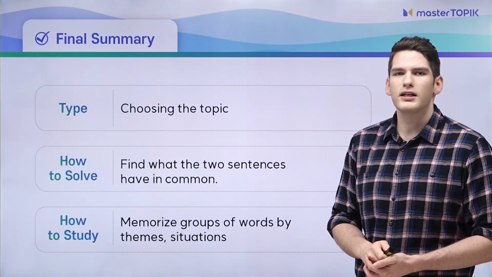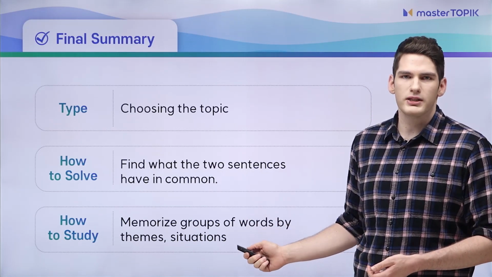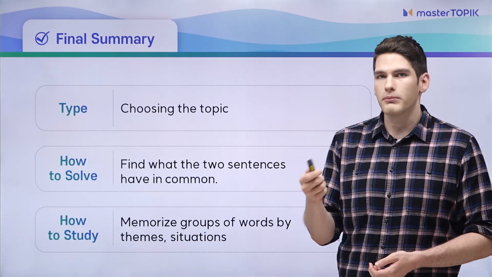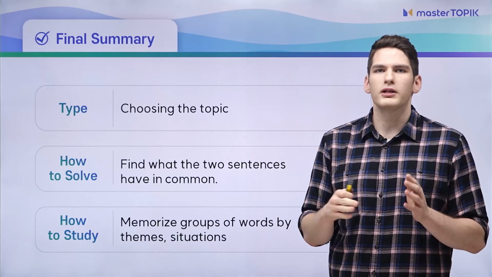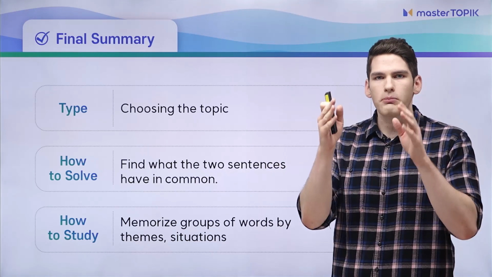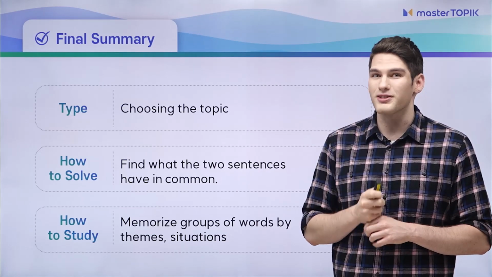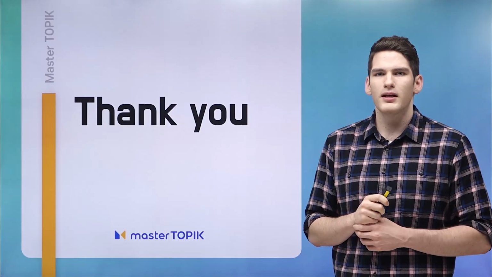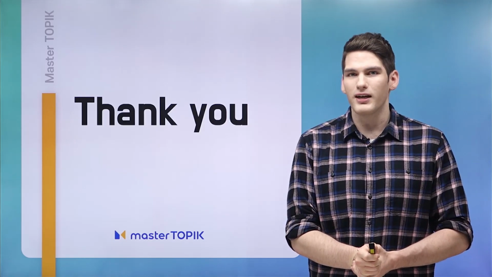And to study, you're just going to want to memorize groups of words by themes and situations. We had words grouped together by weather, we had them grouped together by exercise, so just memorize them like that, and you'll be able to see in an instant what the answer is going to be. That concludes our first class for today.